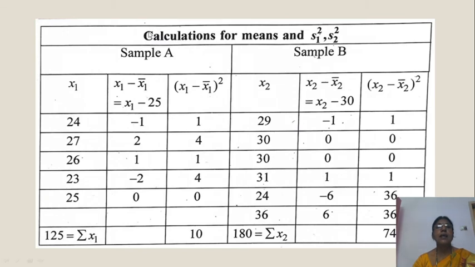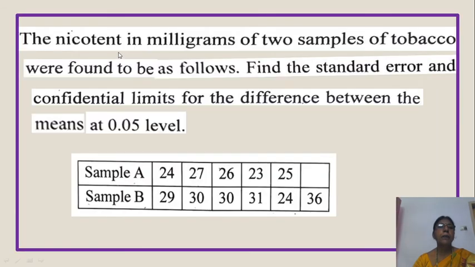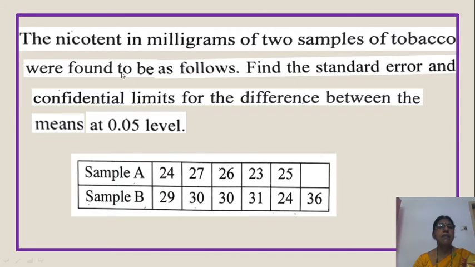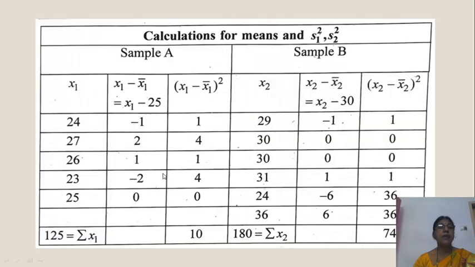Okay, see here, the calculation for means and s1 square, s2 square. Here, what are the xi values? We have the sample A x1 and x2 values given in the table.